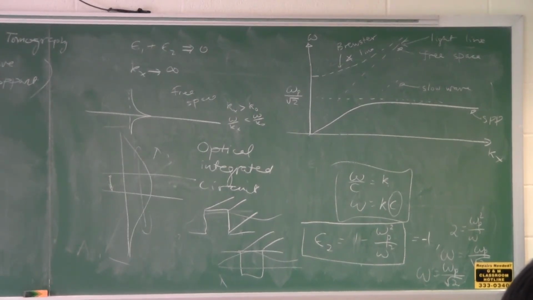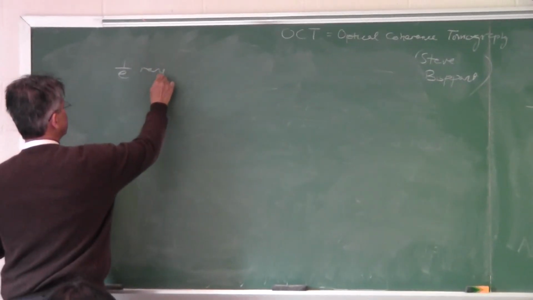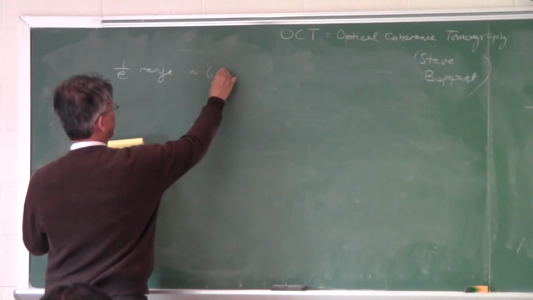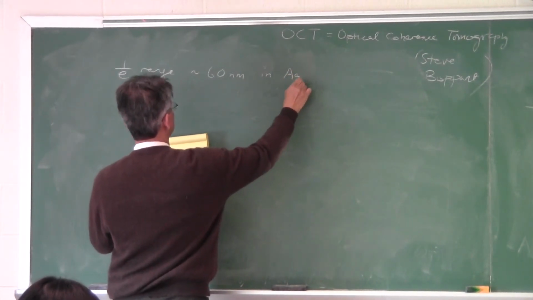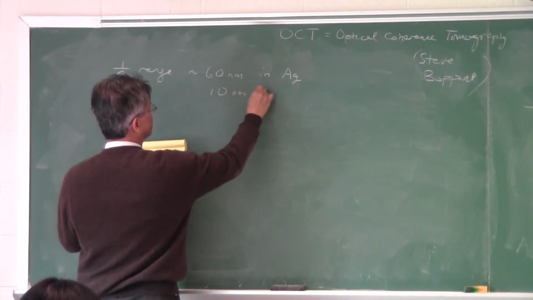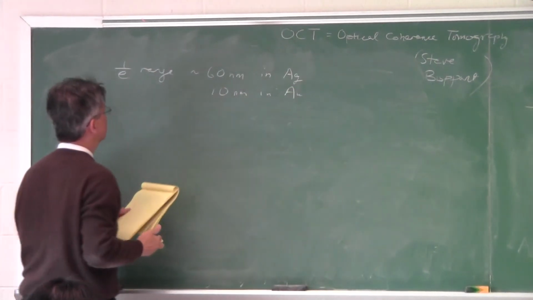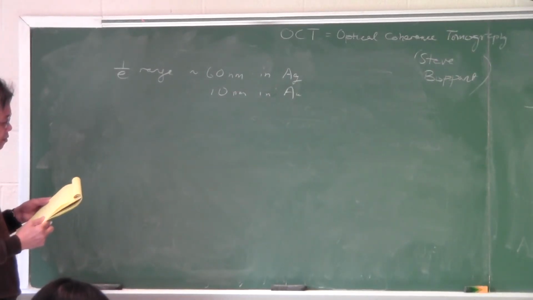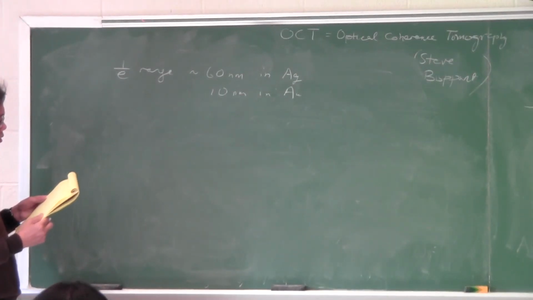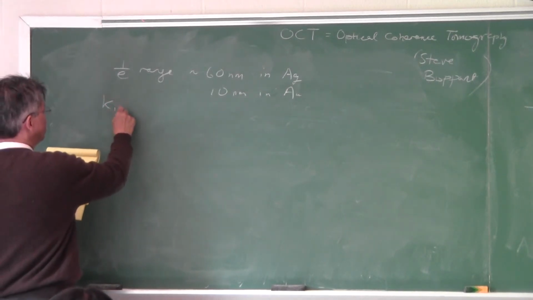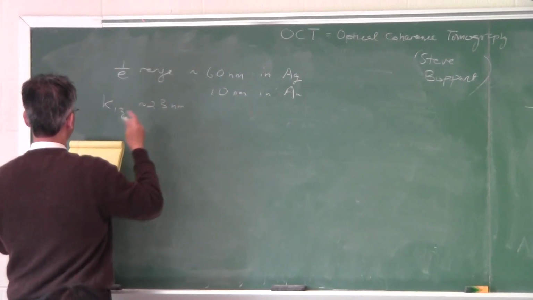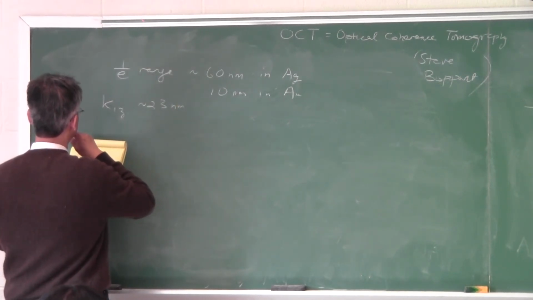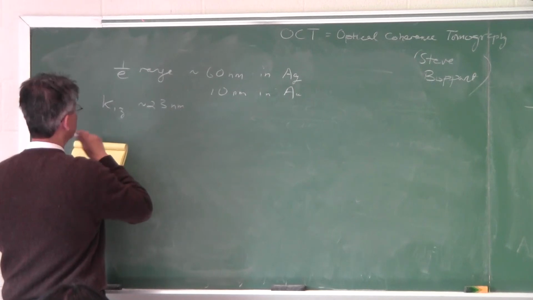It seems that the 1 over e range is about 60 nanometers in gold, 10 nanometers in silver. This is what I gathered from some book. And K1Z is 23 nanometers in air.